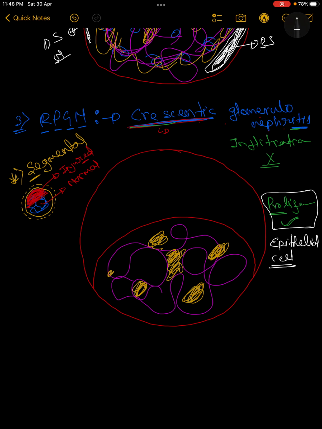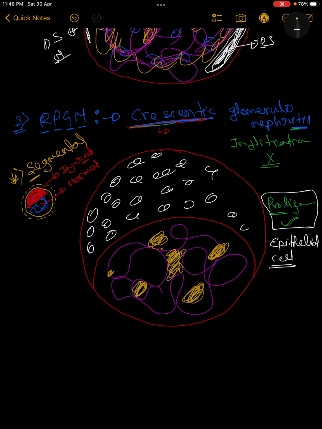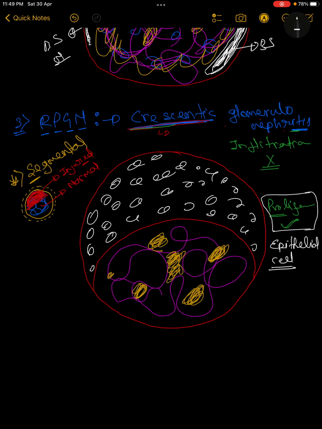So epithelial cells will be proliferating here. There are lots of cells here, and this is what you will find in histological slides. It's very easy to recognize, you can easily identify this crescent and say, okay, this is our RPGN or crescentic glomerulonephritis.